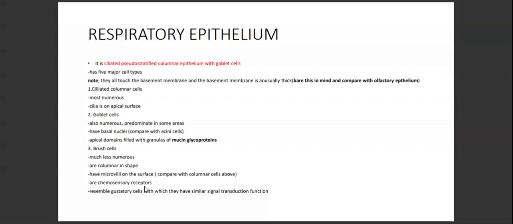These cells also resemble gustatory cells, which are found on the tongue, especially associated with the papillae, in the taste buds to be very specific. Both function in signal transduction. That is all you have to know about the brush cells.